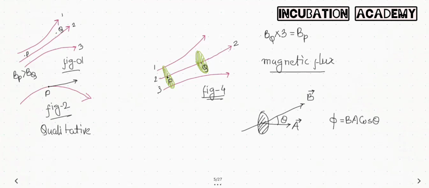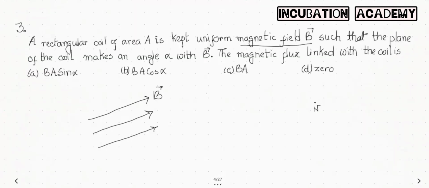Since they are non-uniform, the field lines are not equally spaced. Here the field lines are equally separated, so we can say these are completely uniform, since they are equispaced.